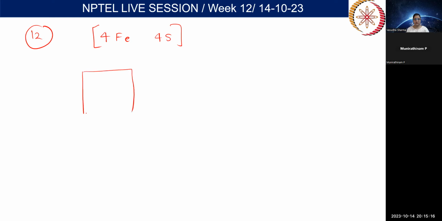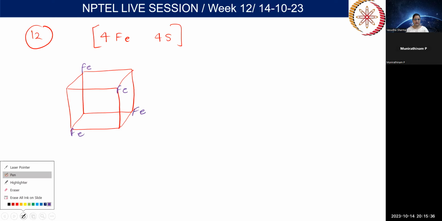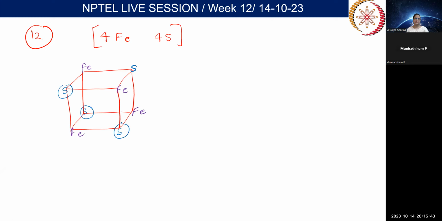So this kind of system has a cube-like structure, where we have iron at alternate positions, and sulfurs are bridged in between. And these irons are connected to S-cysteine.